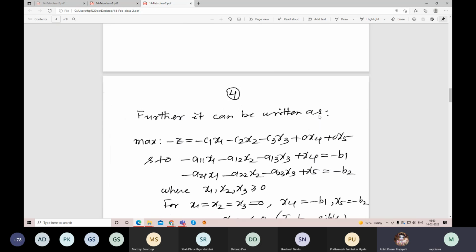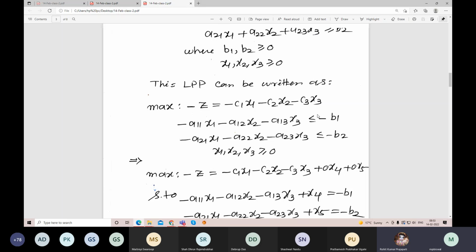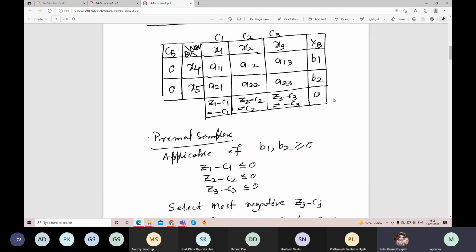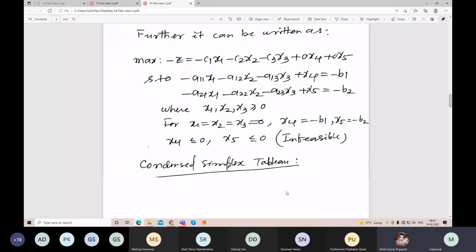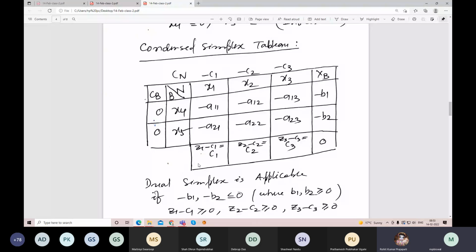Earlier, z1 minus c1, z2 minus c2 were becoming negative, and b1, b2 were positive. Here it is just altered. The z1 minus c1 entries are c1, c2, c3, which are positive, and minus b1, minus b2 are negative numbers. So for this type of problem, this is not an optimal solution.